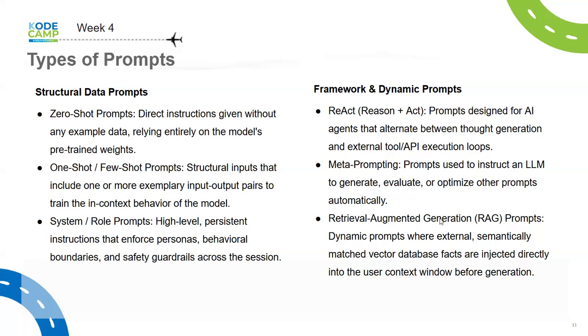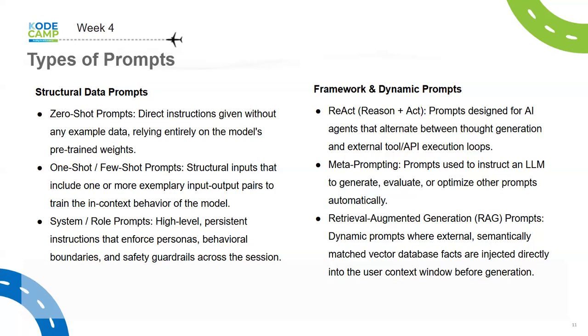Then, of course, we have the retrieval augmented generation, RAG, prompt. So a RAG prompt is a prompt where you pull external data and inject it into the context window, or basically inject it into the prompt. Because when we say context window, we are still just talking about the entirety of the prompts that you send to the large language model.